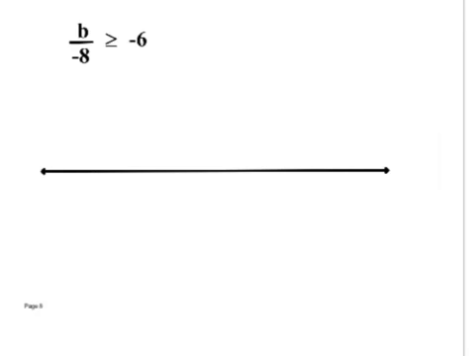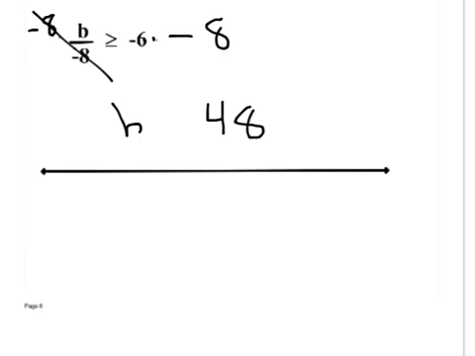So let's do this problem. b divided by -8 is greater than or equal to -6. So I times by -8 to get rid of it. -8 times -6 is 48. What happens to my sign? Keep it or change it?